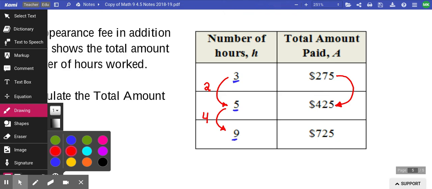So if you look, to get from 275 to 425, we had to add 150. To get from 425 to 725, we had to add 300. So you'll notice it's actually not consistent growth. At least it looks like it's not consistent growth.